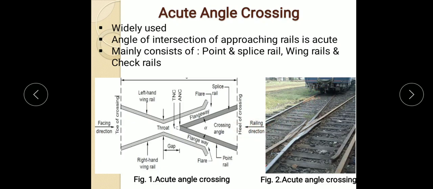The approaching train from this direction makes an angle of alpha, the crossing angle, and this angle is an acute angle, therefore it is called an acute angle crossing. This point is called the theoretical point of crossing, and this is called the actual nose of crossing. These points will be discussed in the last slide or last PPT of this lecture.